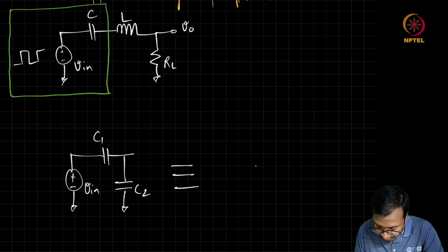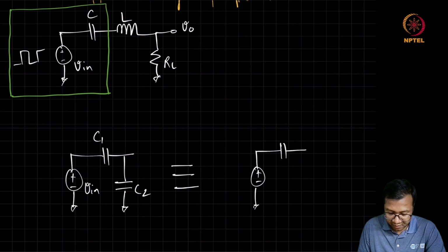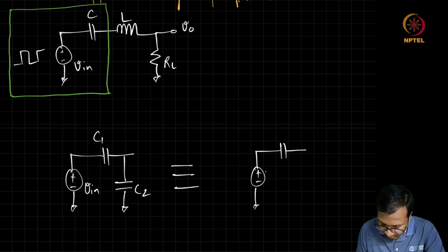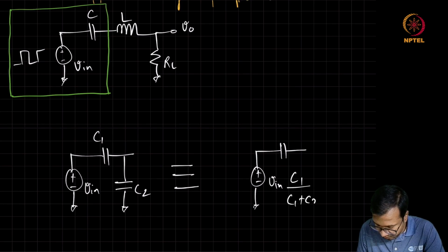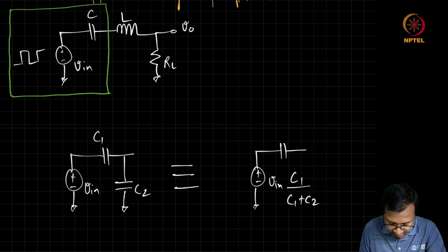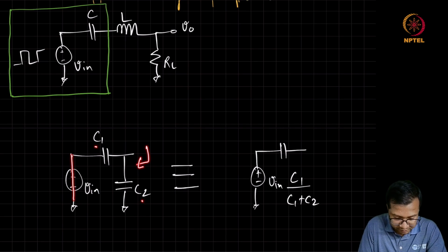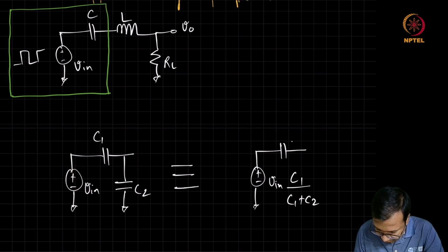This will have a Thevenin equivalent of, again, a single voltage source with single cap in series. And this voltage source value is going to be equal to V in C1 by C1 plus C2. Whereas this looking in Thevenin impedance is going to be just this C1 in parallel with C2. This is going to be C1 plus C2.